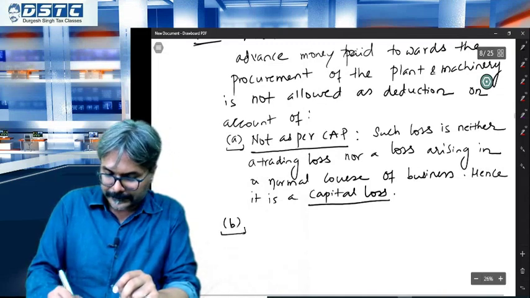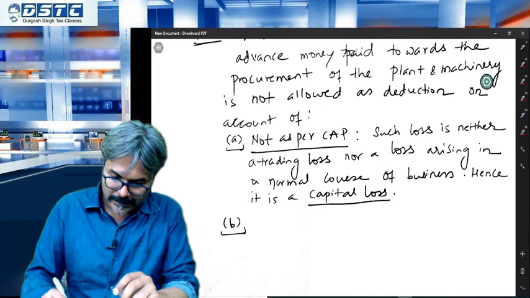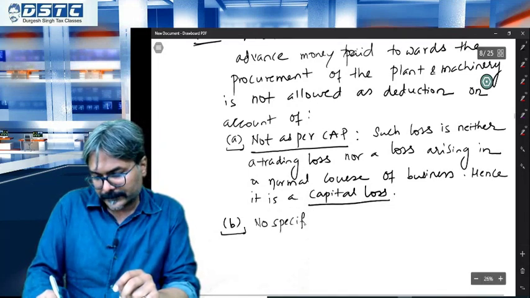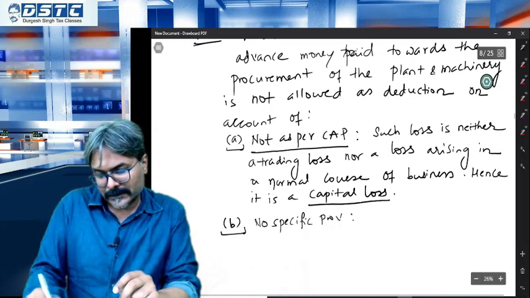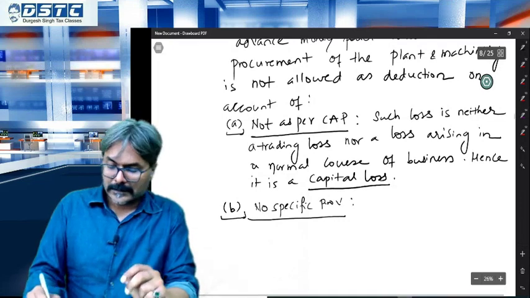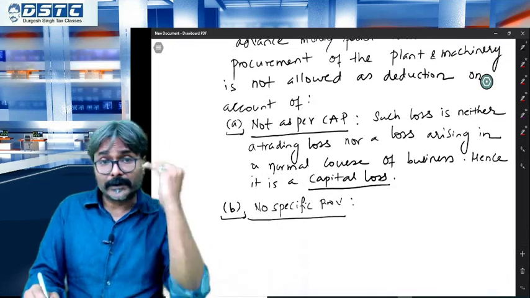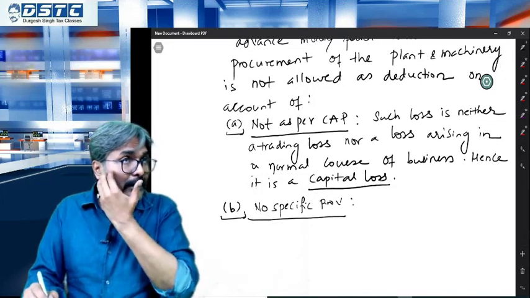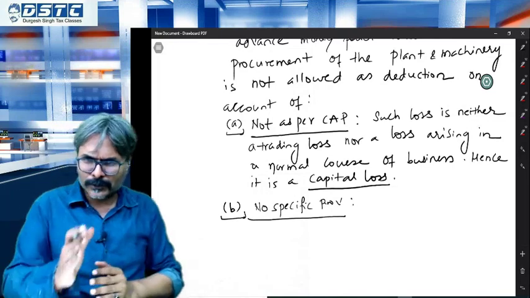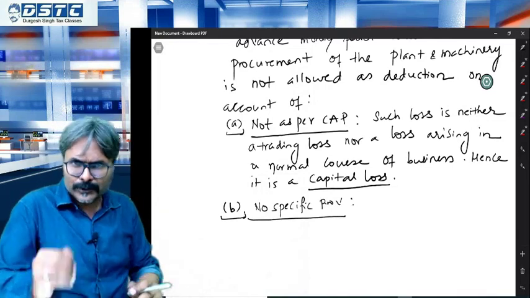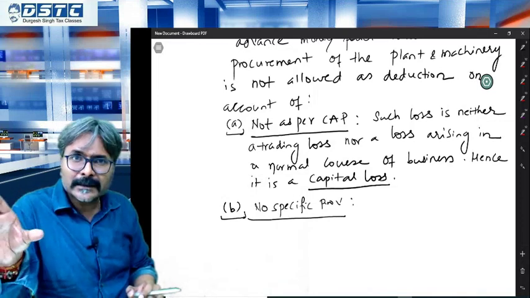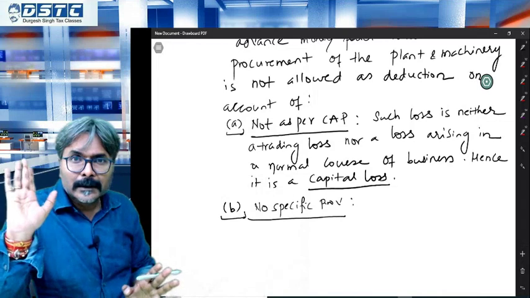Point number B: no specific provision. See, please mark, students, how I am writing the answers. You have to develop the ability to qualify your answer in a very robust manner. You will not have competition in your center, in your city, or in India.